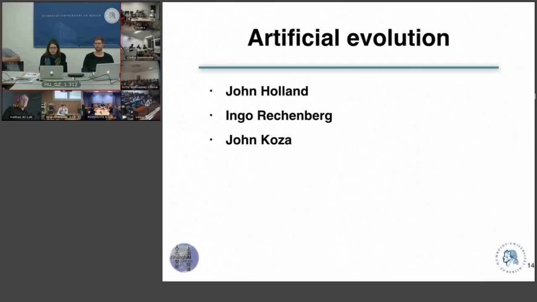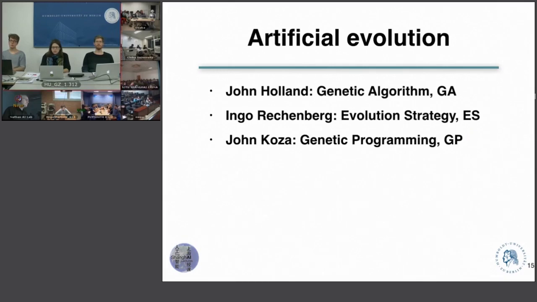We will start with a short introduction of the history of artificial evolution. Basically, there are three main threads. Artificial evolutionary algorithms were developed at the same time, basically independently, by John Holland and Ingo Rechenberg.